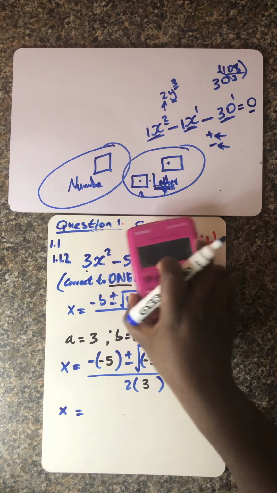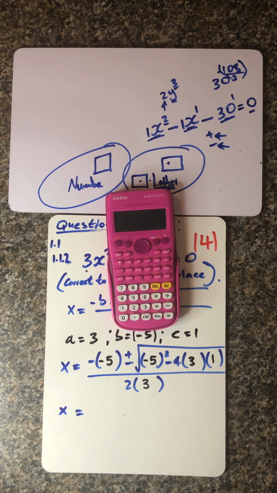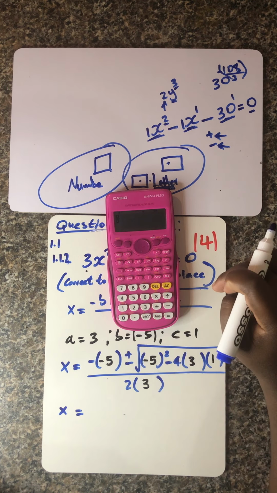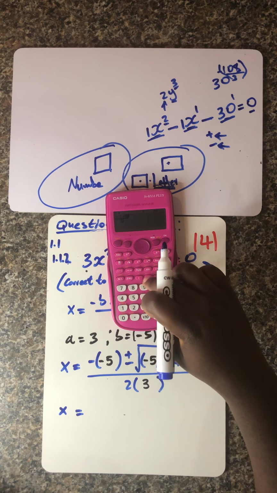Okay, so you can just punch all of this on your calculator, starting with a positive sign. So a fraction button, then it's negative into brackets, it's -5.